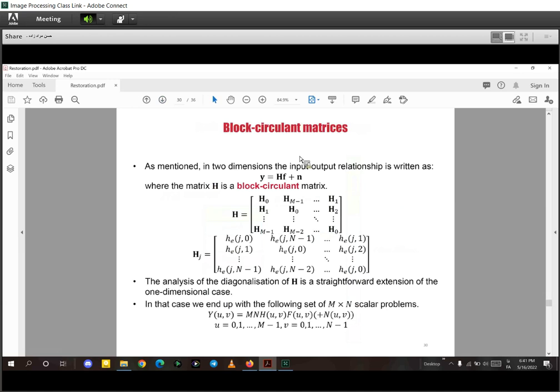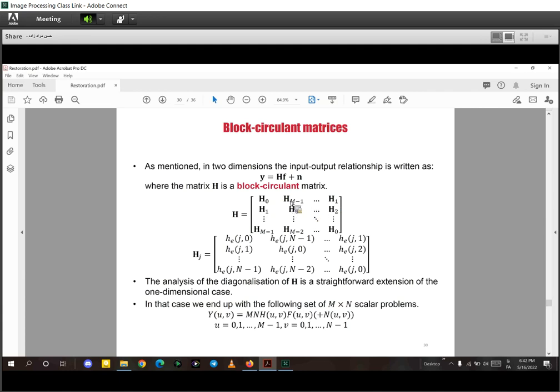Excuse me. But about block circulant matrices. I mentioned that in two dimensions the input-output relation was y equals Hf plus n, where the matrix H is a block circulant matrix. H is again composed of blocks H0, H_{M minus 1}, H_{M minus 2}, H_{M minus 3} down to H1, circulant.